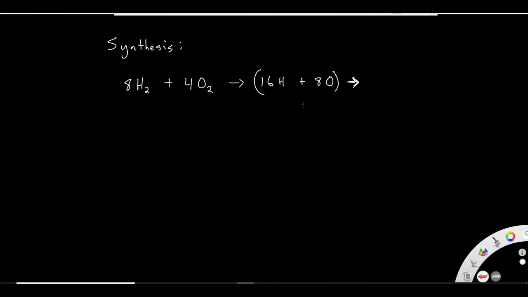So what this means is that we have 8 possible oxygen atoms that each have 2 hydrogen atoms on them. So we would have then 8 water molecules that can form. This is an example of synthesis because we have A, and here is B, and then by the time we're done, we have AB. Okay?